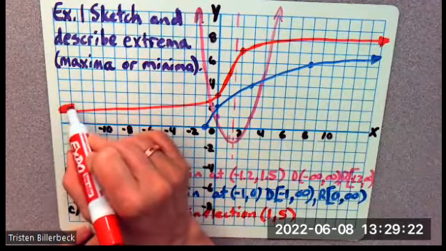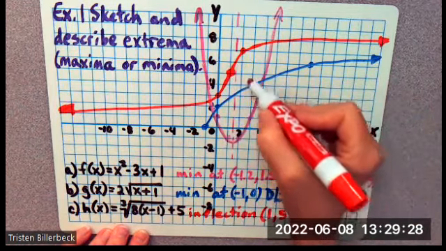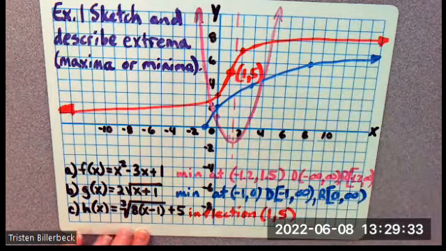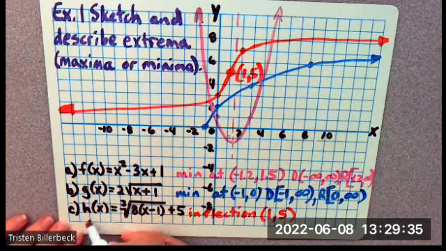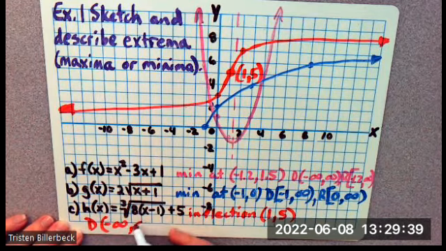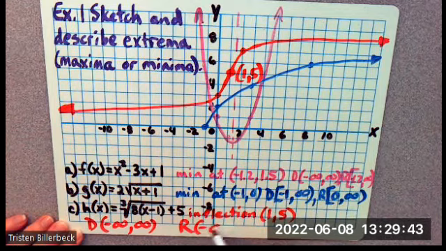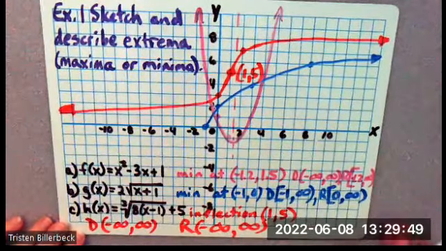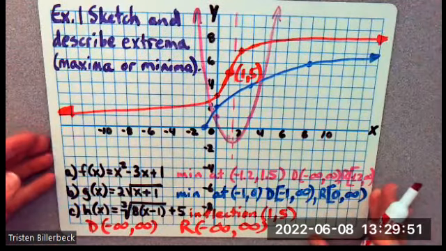That would be our cube root with the inflection point right here at 1, 5. Our domain for this would be -infinity to infinity, and our range would be -infinity to infinity. And again, with infinities, we never use a square bracket, we only use the parentheses.